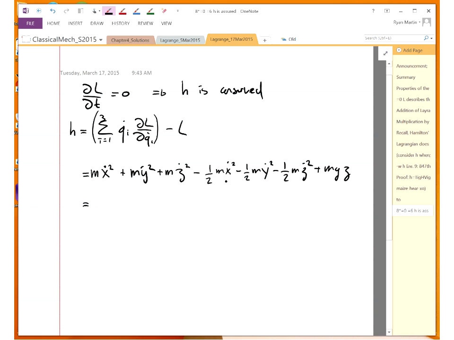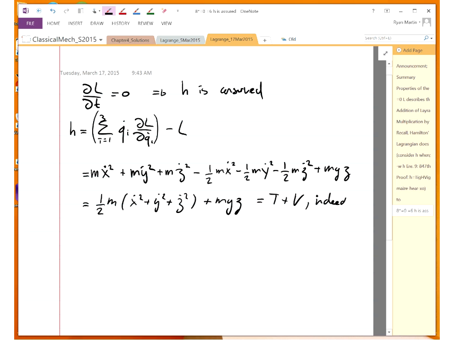Okay. So I'm grouping the terms, so for the ẋ², I have 1 mẋ² minus a half mẋ², so that's a half mẋ², and same for all the other three. So I have a half m(ẋ² plus ẏ² plus ż²) plus mgz.